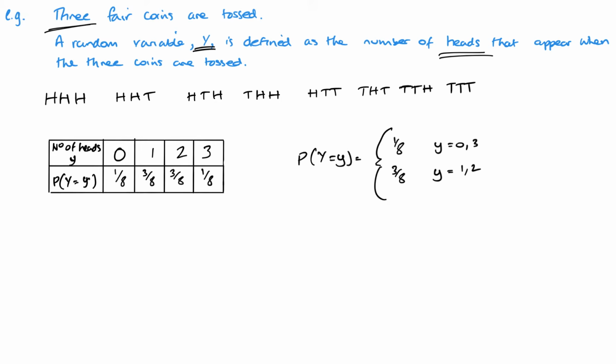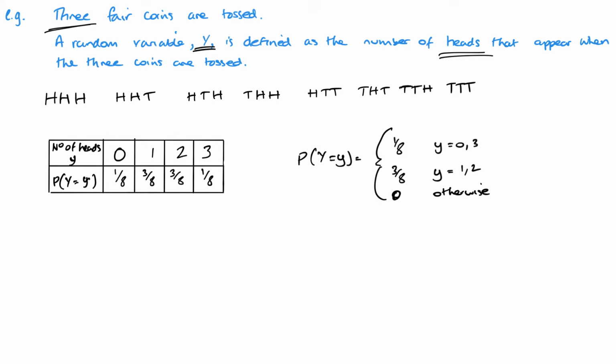Now, in some questions, definitely in S2 when you get to S2 next year, but in some questions you'll also have the probability of 0, which is written as otherwise. All that's saying is, here you can see we've got 0, 1, 2, 3.